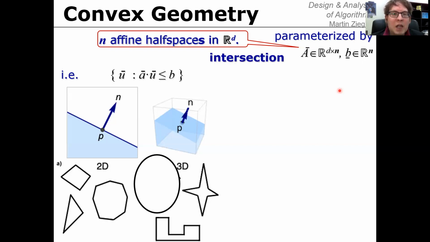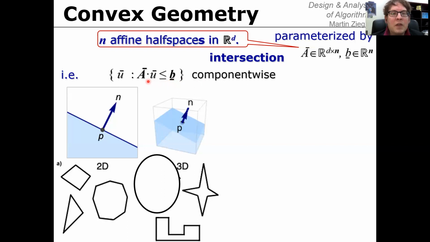So we take the intersection of these n affine half spaces, and mathematically, this means we take the conjunction, the set of all vectors that satisfy all these n linear inequalities, and we can write that concisely as saying that the matrix multiplied with this vector u must be less or equal to the vector of offsets component-wise.